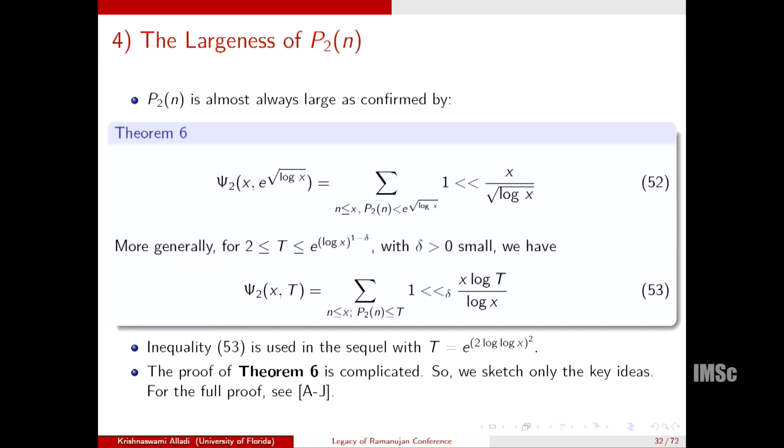The next thing I need to prove is that the second largest prime factor is almost always large. By that I mean the number of integers up to x for which the second largest prime factor is not that big, so in this case I put e to the root log n, is actually quite small. And here is a stronger version of that result.